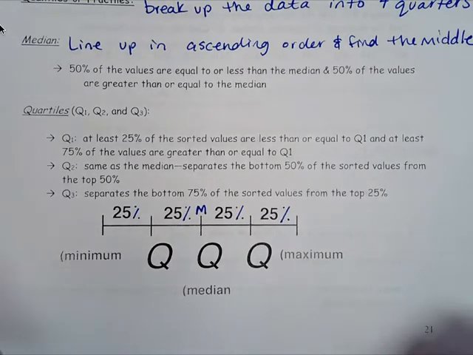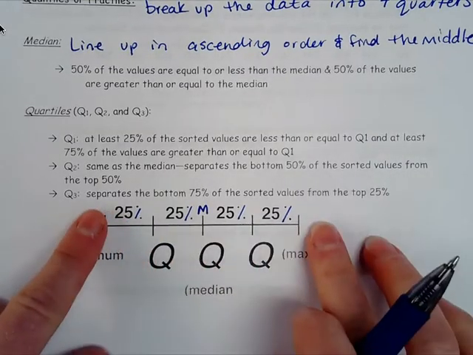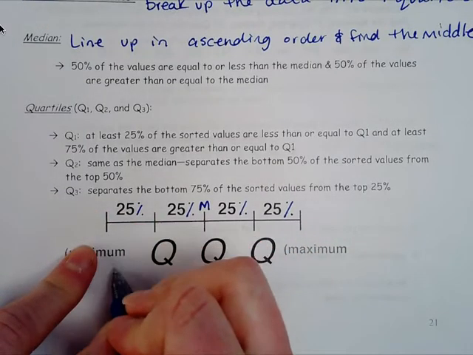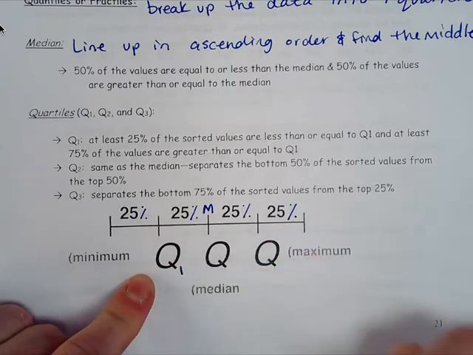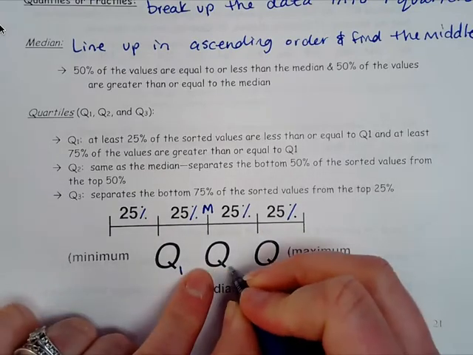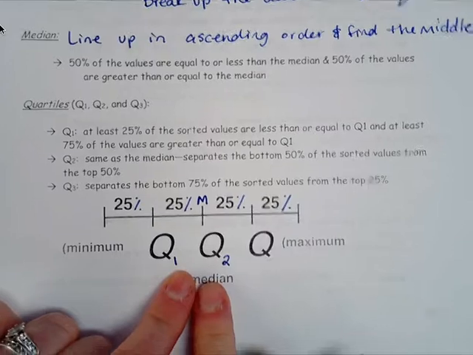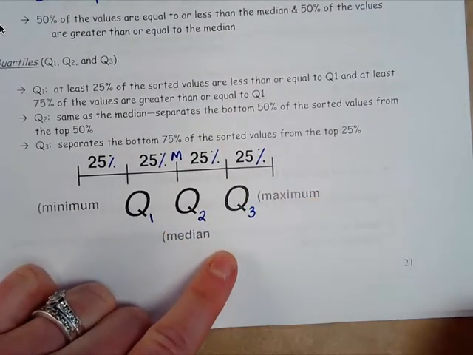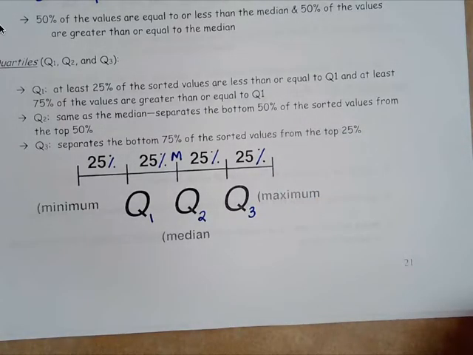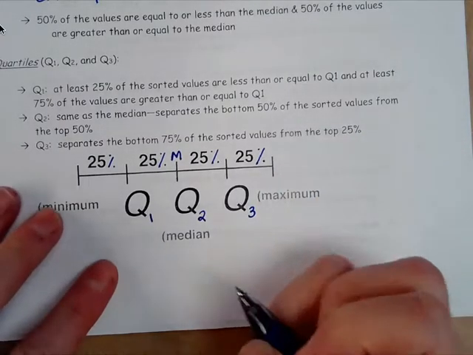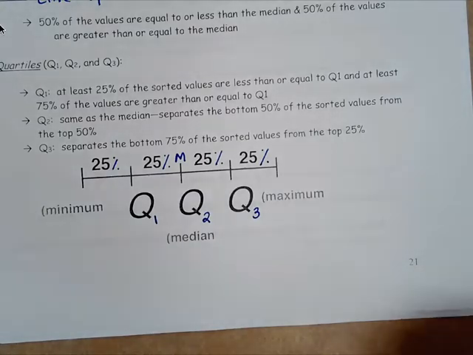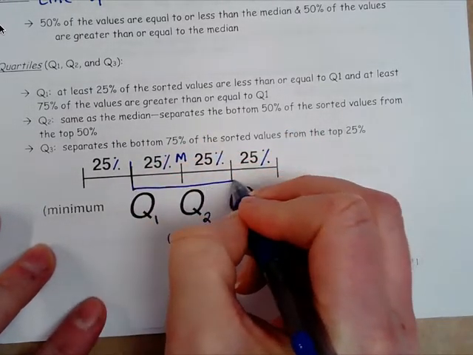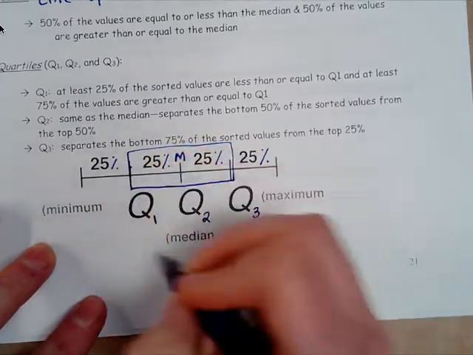And the way we are actually going to make a box plot, we are going to use a number line, and numbers are going to be here. This is our minimum. This is quartile 1. This is quartile 2, which we normally just call our median. And this is quartile 3. And then that's our maximum. Your box plot comes from making this line right here and putting a box around quartile 1, 2, and 3.